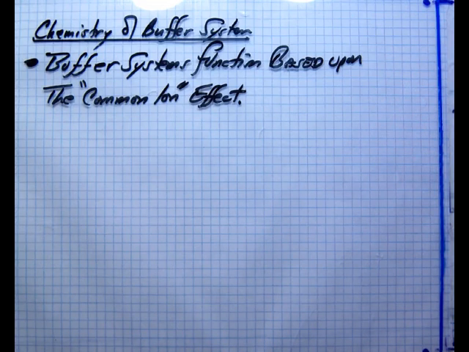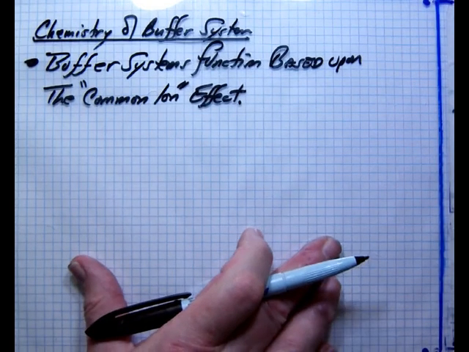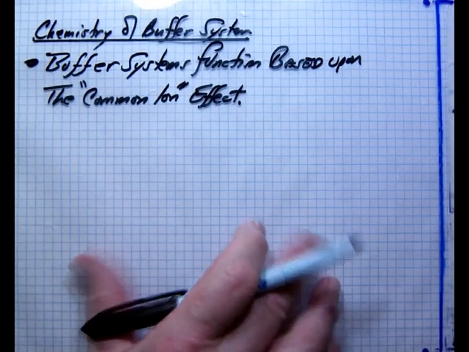Okay, to understand how a buffer system truly functions, and especially the carbonate bicarbonate system, you need to understand how the chemistry of a buffer system functions and what it does. We'll start with a simple system.